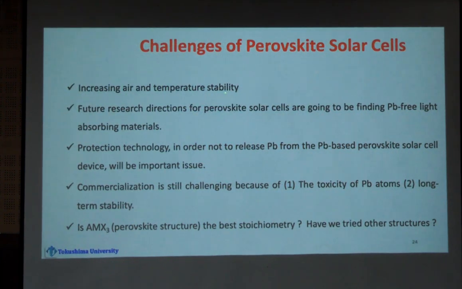Increasing air and temperature stability is the challenge. When a perovskite solar cell has a temperature above 80 degrees, its stability is questionable.